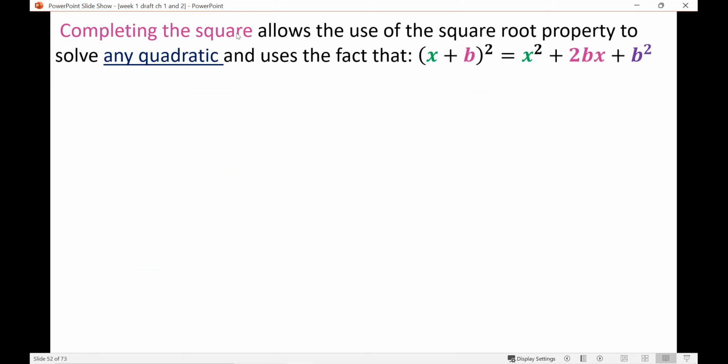But sometimes our quadratic is going to have 3 terms, an x squared term and an x term, okay? In this case, we are going to complete the square to turn it into some kind of a perfect square where we can take the square root of it, okay?